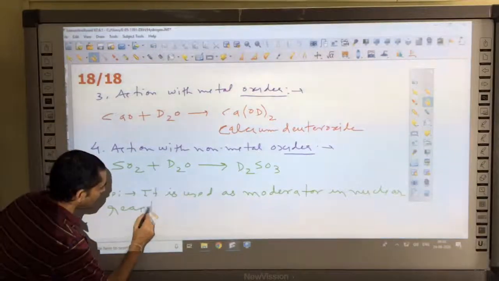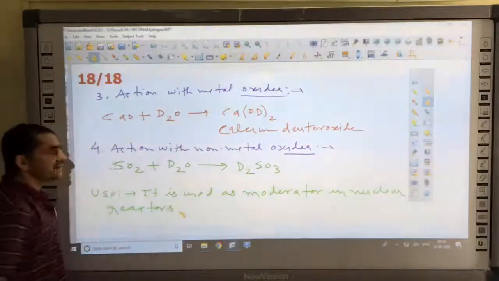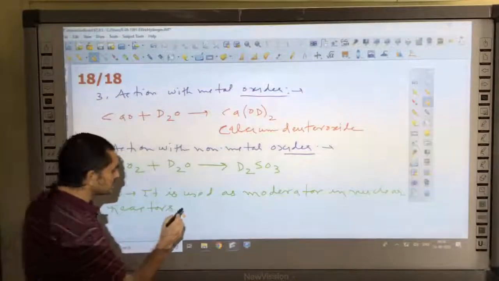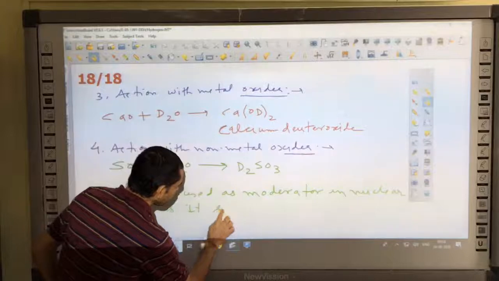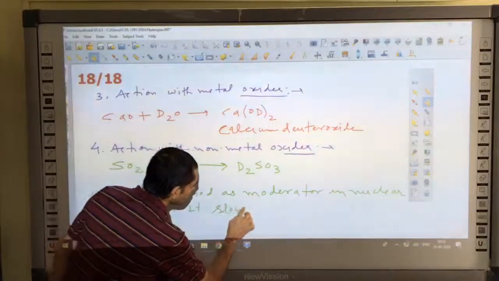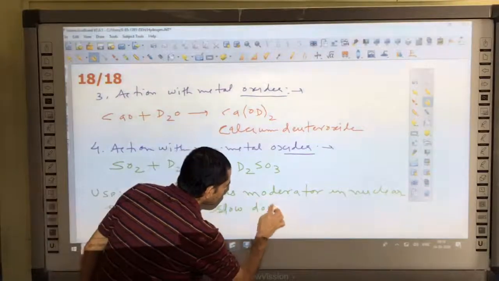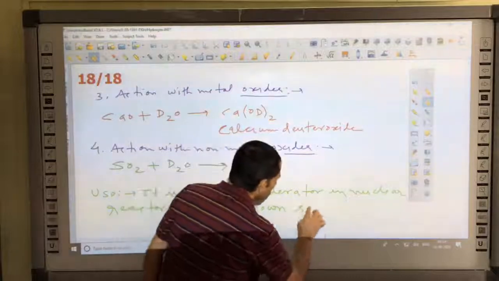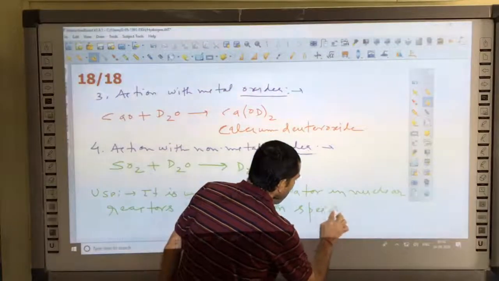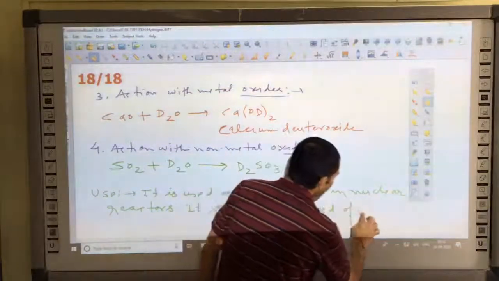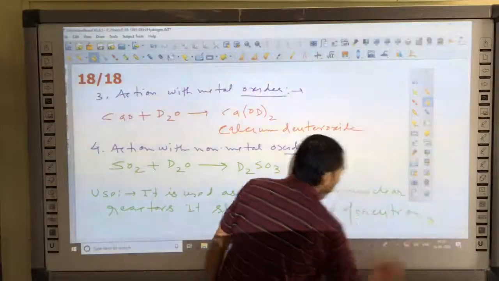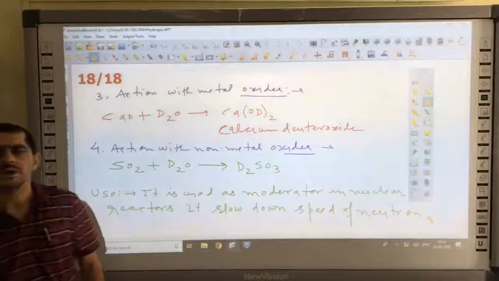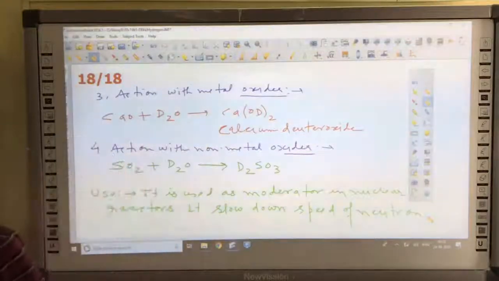It slows down the speed of neutrons. So this is all about heavy water.